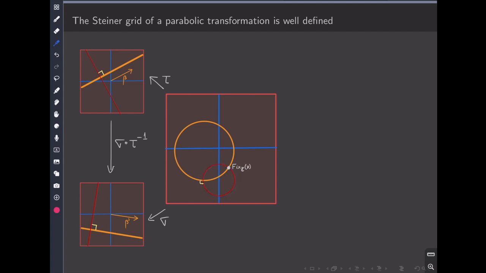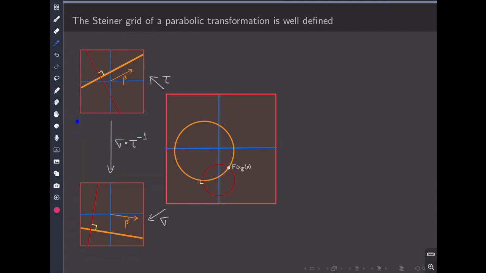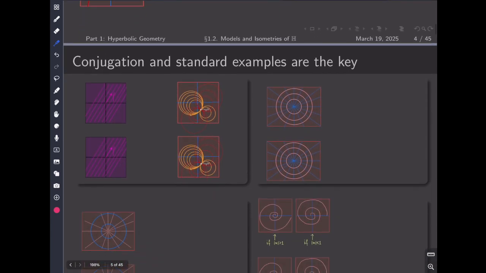Okay, so that's pretty much the reason that when you just consider translations and any conjugating transformation between them in MÖBC, this one goes exactly to this one. That's the reason in the end.